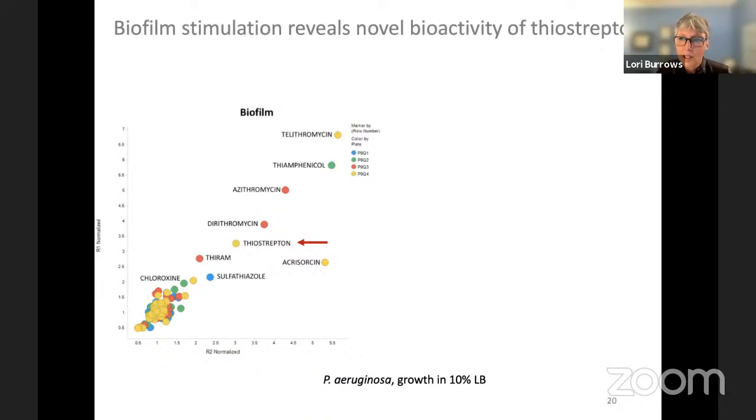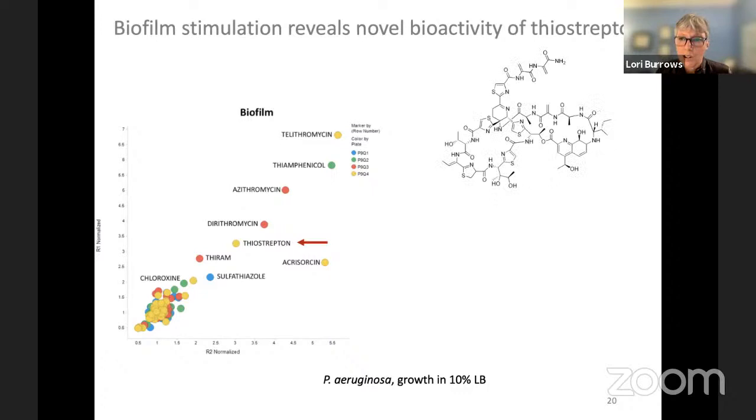So this really caught my eye because this is the structure of this antibiotic. It's a big, huge natural product. And I thought, I don't understand why Pseudomonas is freaking out about this antibiotic, because it should never even get into Pseudomonas because it's so big. Pseudomonas is very good at keeping really big antibiotics out of the cell.